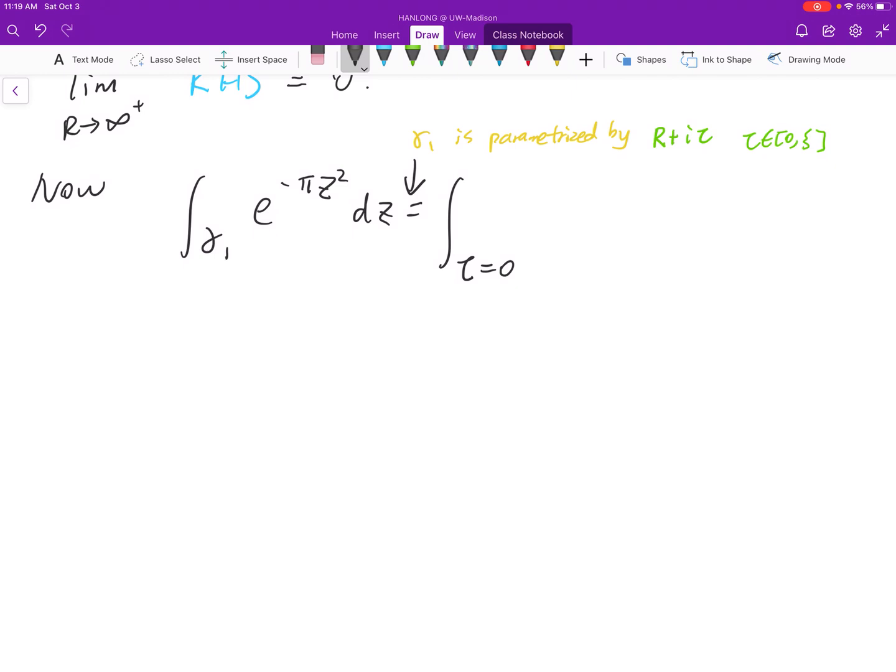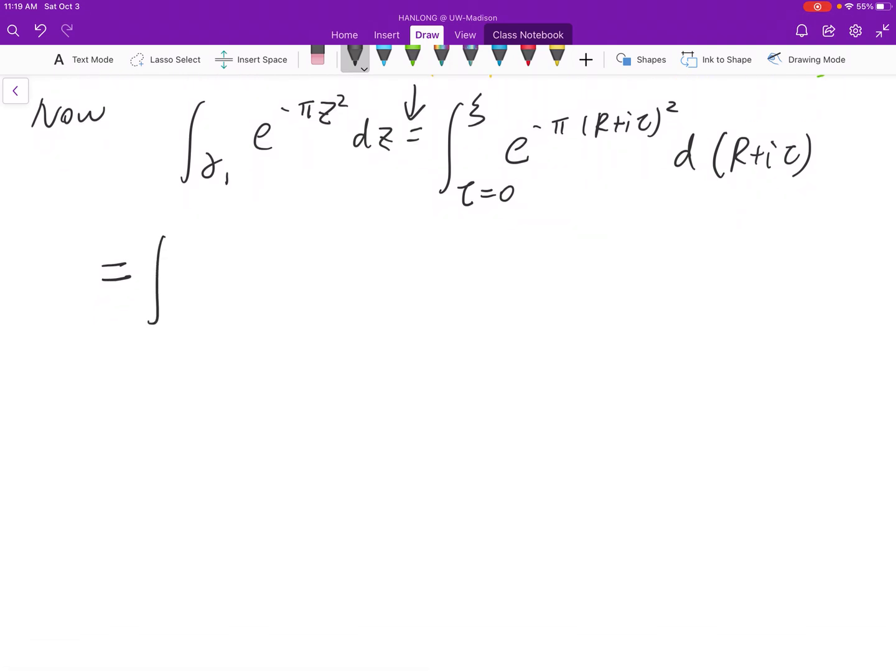Okay, then if you do the integration, you will have the integral of tau from 0 to c of exponential negative pi (r plus i tau) squared d(r plus i tau). r is a constant for this moment. And then simplify it, you have exponential negative pi r squared plus pi tau squared, exponential negative 2 pi i r tau, times i d tau.